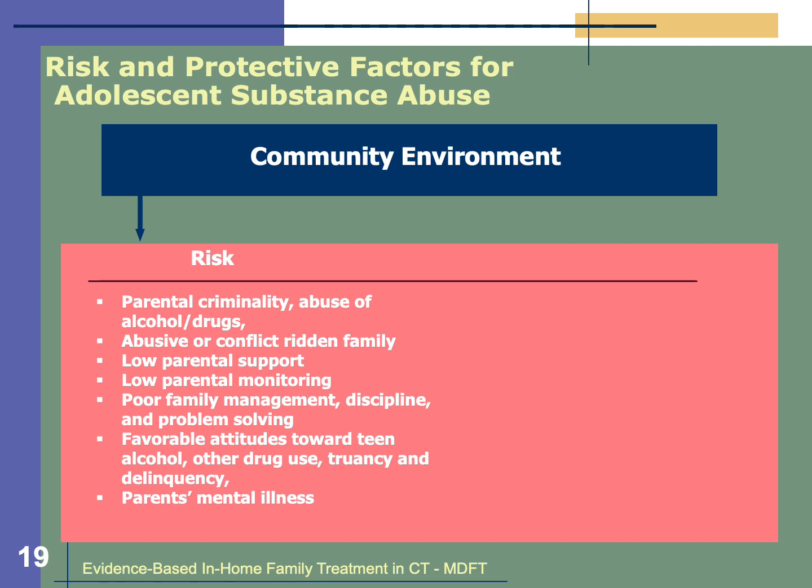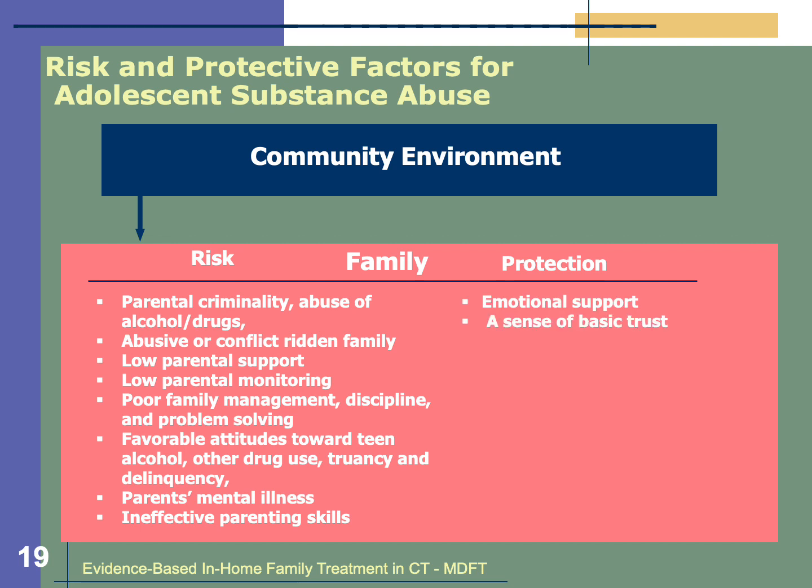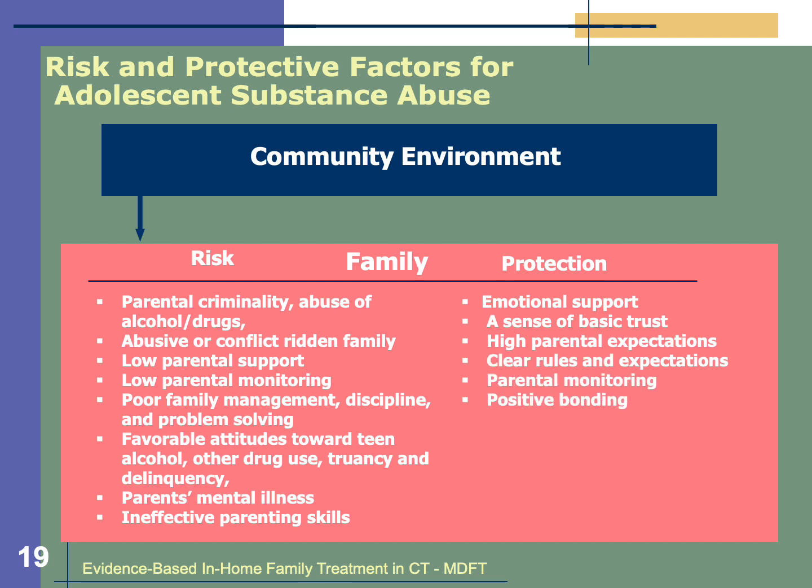So at the community environment, these risk factors can essentially influence the family and the family's sense of protection. So essentially, if you have a supportive community that engages in collective supervision of the kids, there might be more emotional support for the parents as we're going through something like the quarantine and how stressful it is for parents.